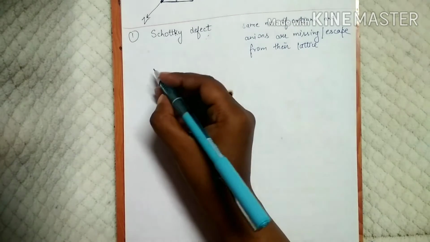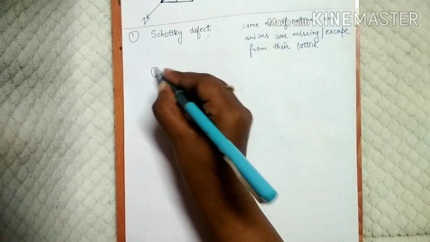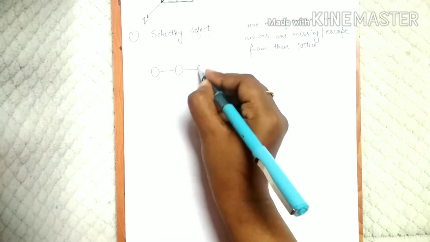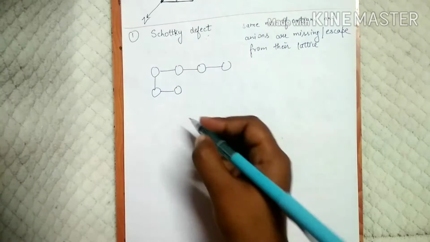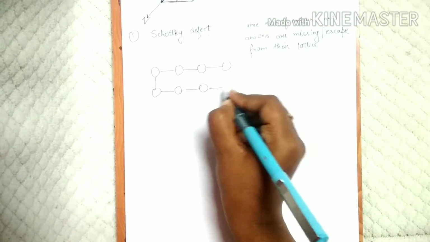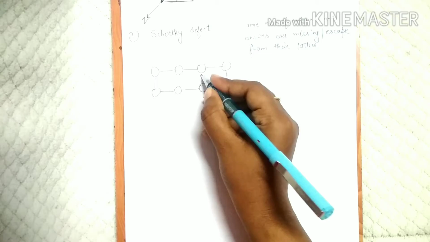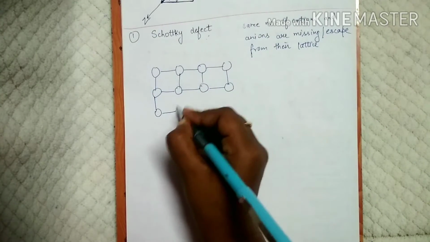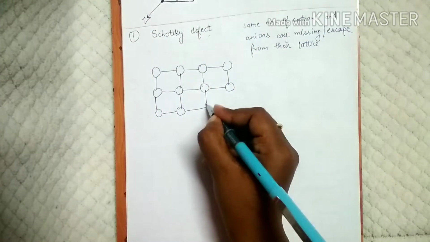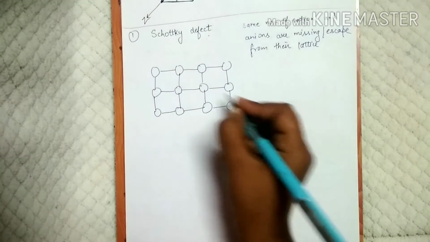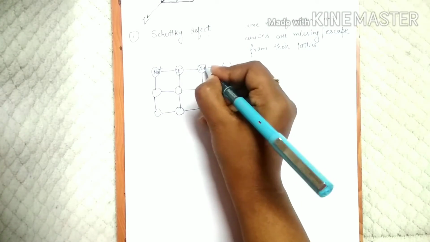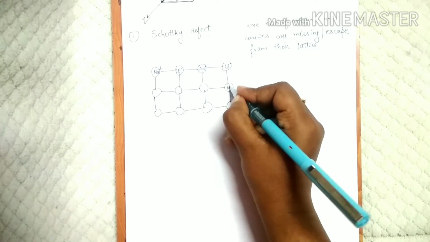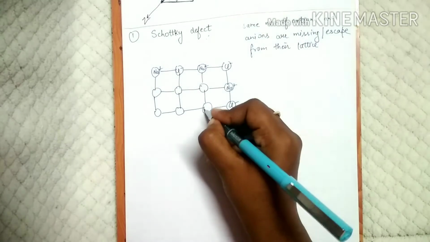Suppose this is our NaCl crystal lattice. Here Na positive, here Cl negative, Na positive, Cl negative, Na positive, Cl negative.